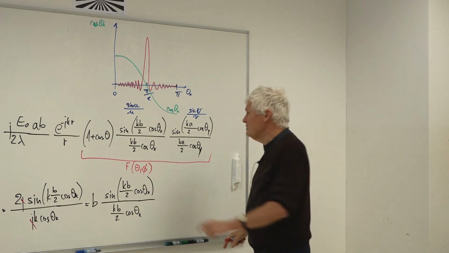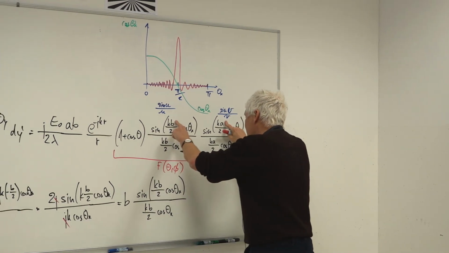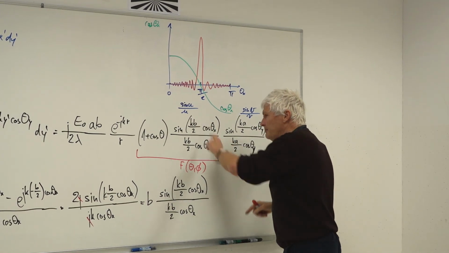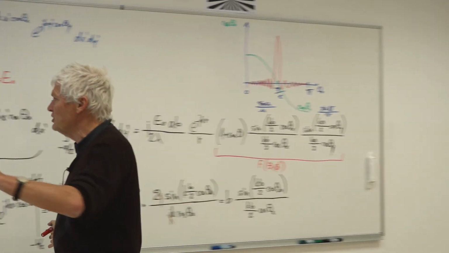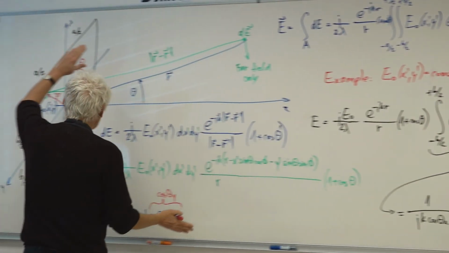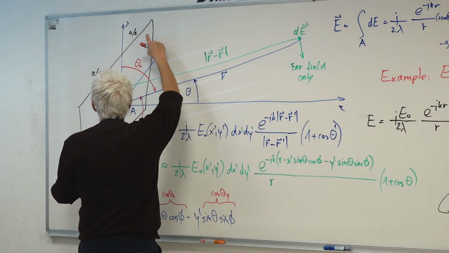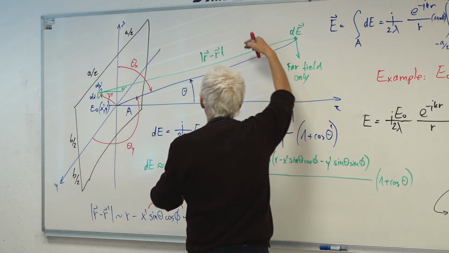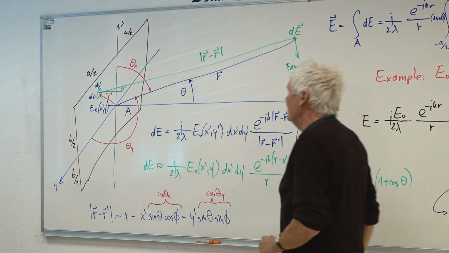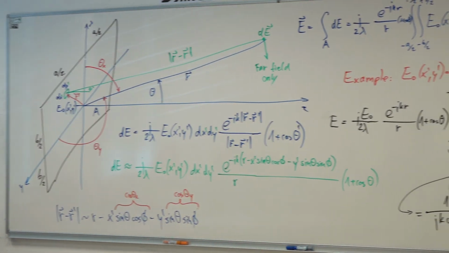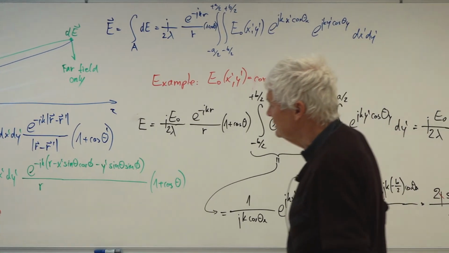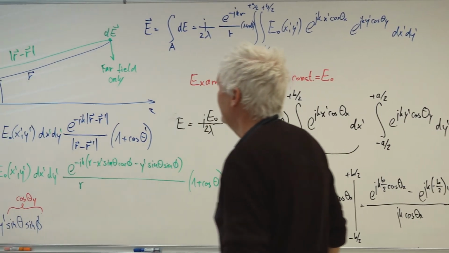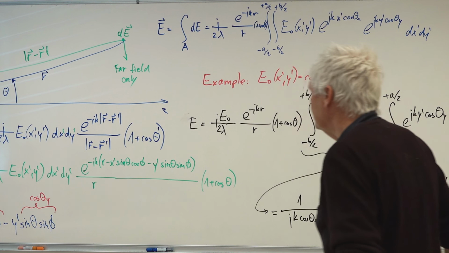So choosing large B and large A, with B I shrink the radiation pattern in the x direction, and with A I shrink the radiation in the YZ plane.